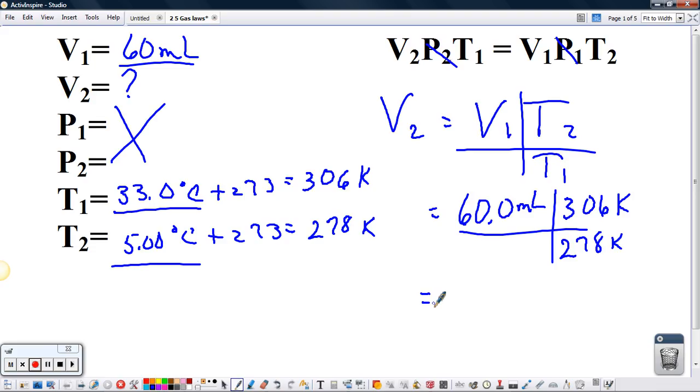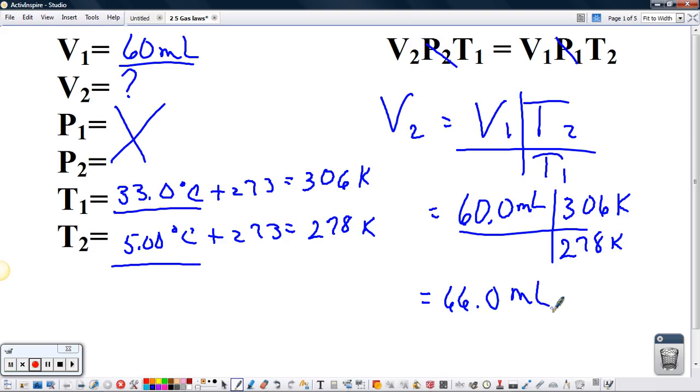If you notice that 300 divided by 278 is going to be a little more than 1, that means this number is going to be bigger than 60, but not by a whole lot. Okay? So my answer should be what? All right, 66.0.